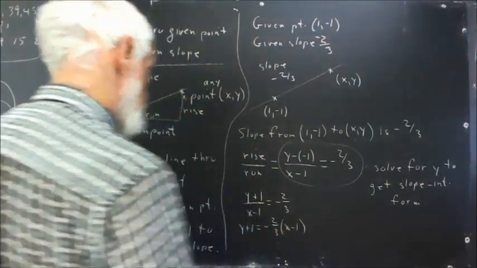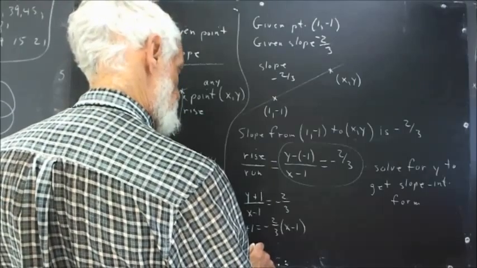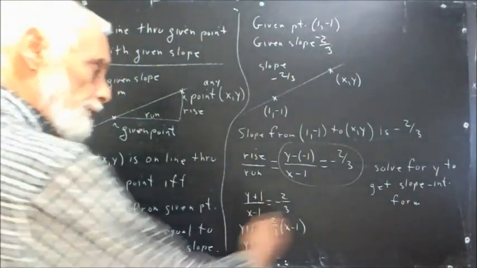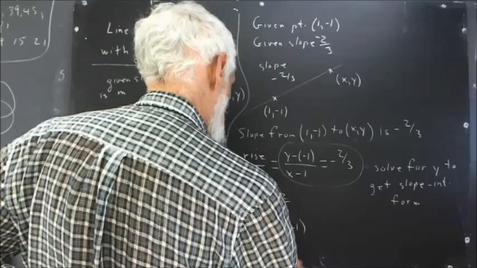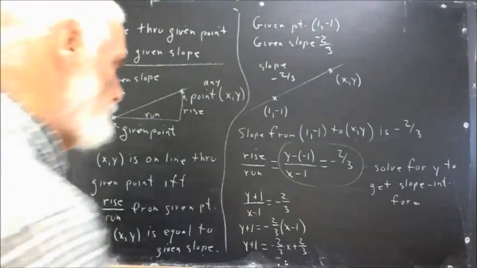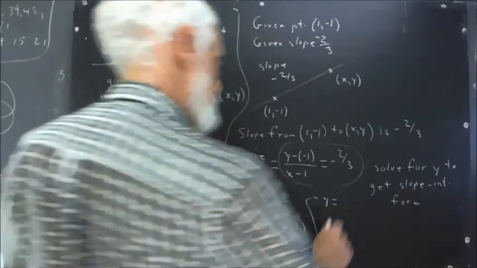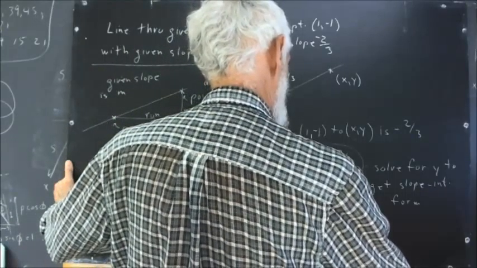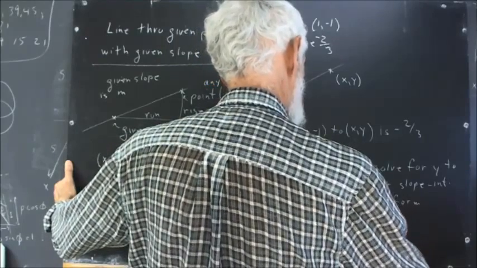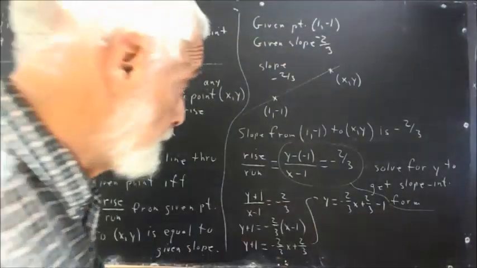We can distribute the -2/3 through here. I'll leave the 1 on this side. I was tempted to add it while I was distributing, but okay, we have -2/3 x plus 2/3, so that y equals -2/3 x plus 2/3, and we're going to subtract the 1 here, minus 1.